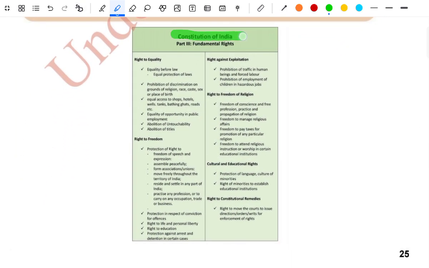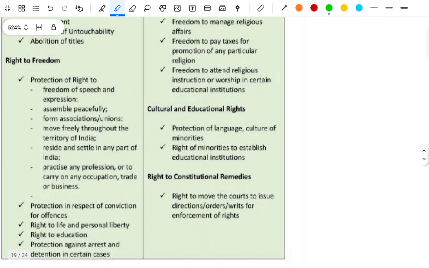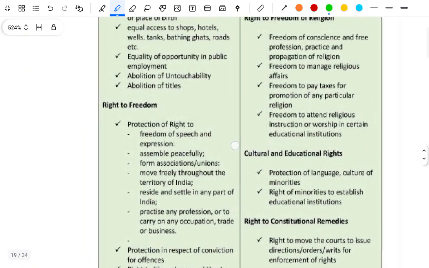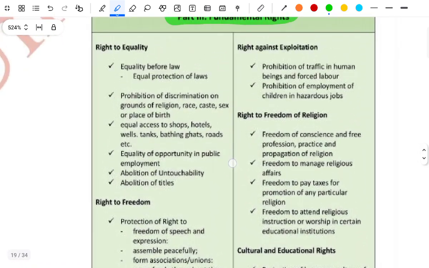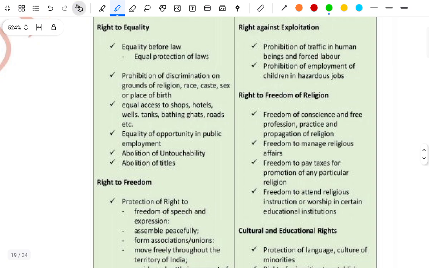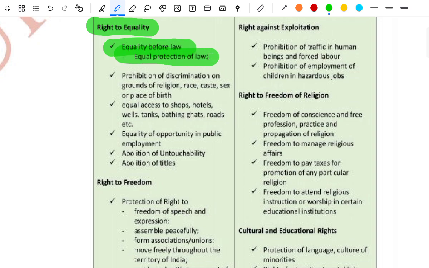The Constitution of India, Part 3 and Fundamental Rights. The right to equality: equality before law and equal protection of the law.